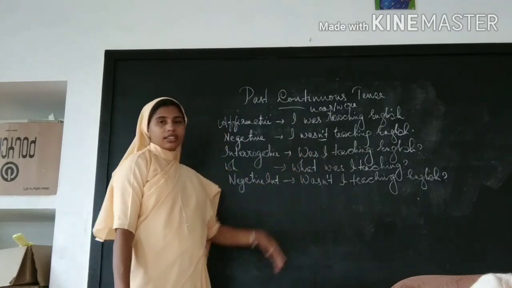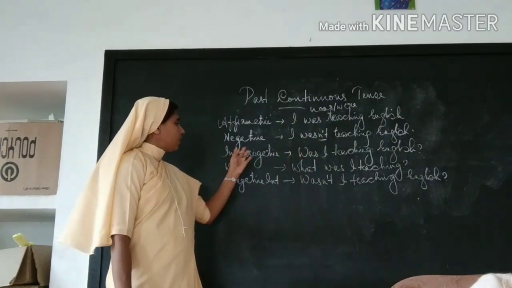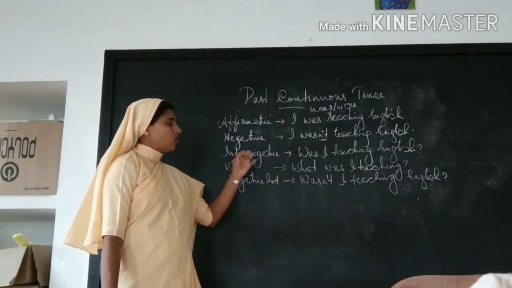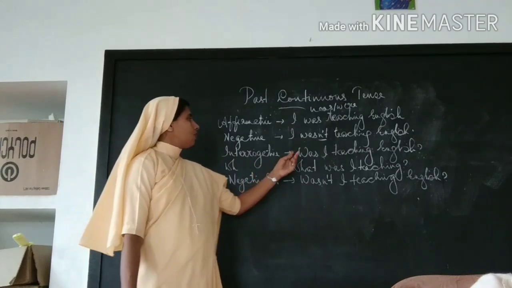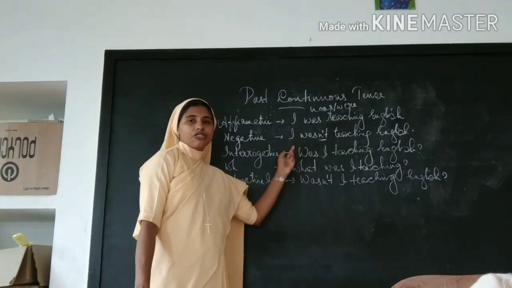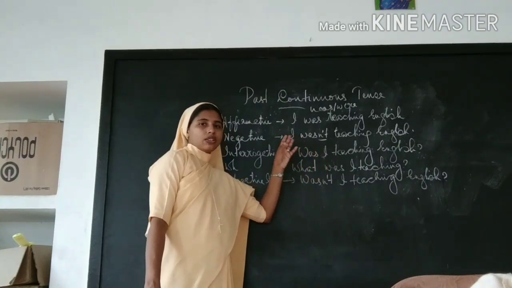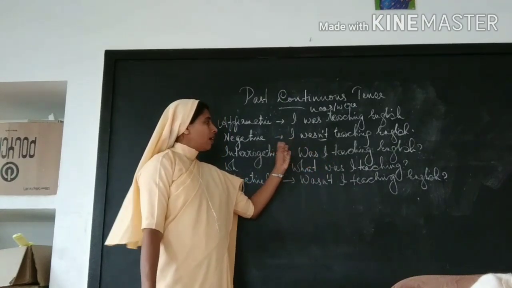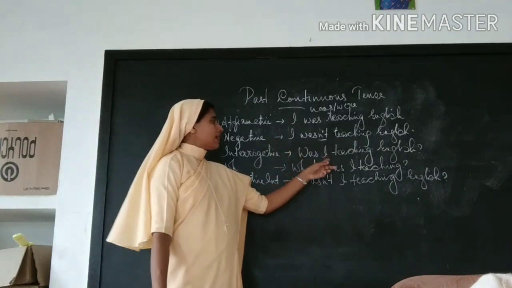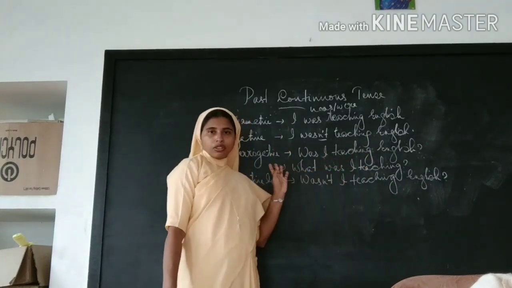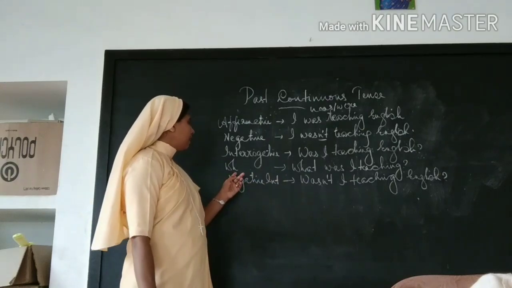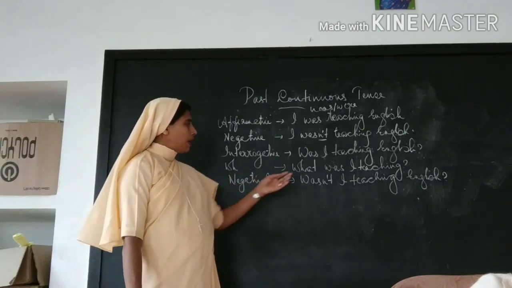I wasn't teaching English. And here, in order to make interrogative sentences, especially yes or no questions, the auxiliary was will be taken to the front. Was, then I. That's the structure of the question, you know. First auxiliary and after that the subject. Was I teaching English? Again, if it is a WH question, what should be added?